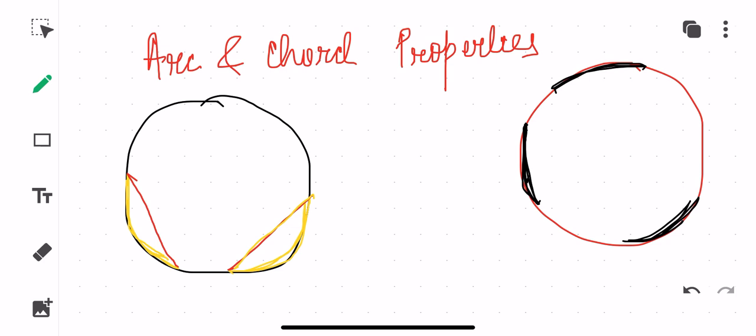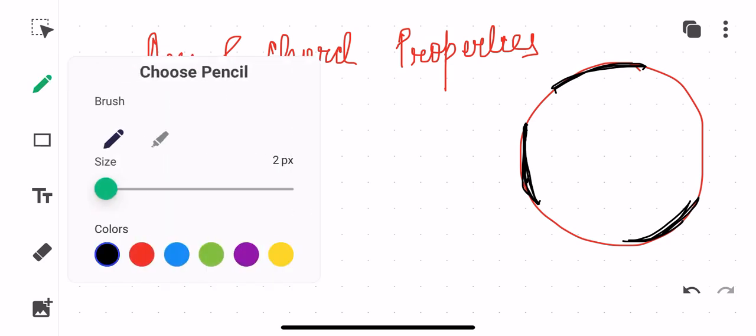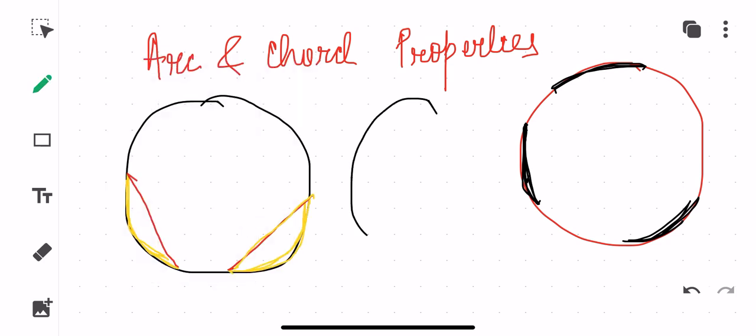And the converse is also true, children. What do you mean by converse? The converse says, suppose in this circle this chord is equal to this chord, then the length of this arc will be equal to the length of this arc.